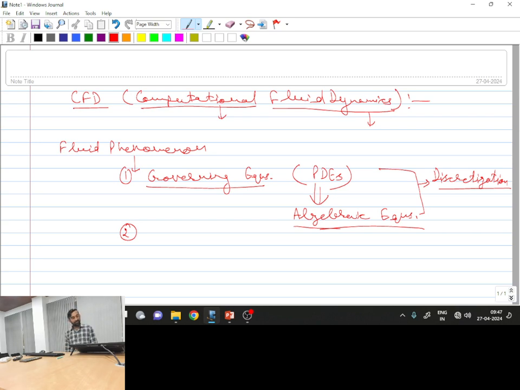But now we need to define the physical phenomenon on which we want to apply these governing equations. That comes under geometry creation, where we need to specify the domain in which we want to solve the equations.